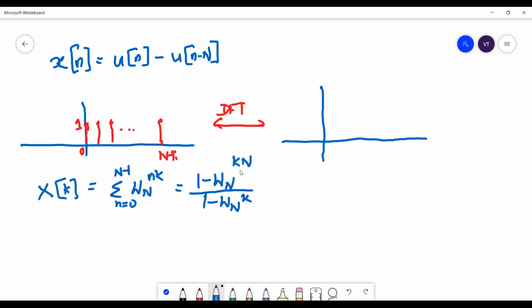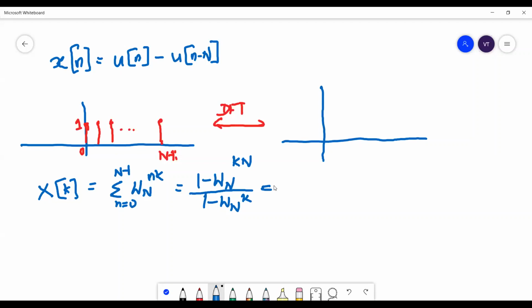What is W_N? W_N is the frequency component. No, how will you expand W_N? It is e raised to minus j 2 pi by N. So what is W_N raised to N, therefore?